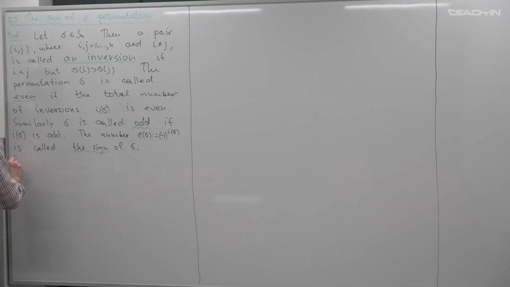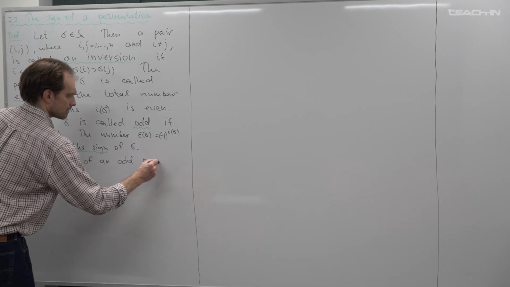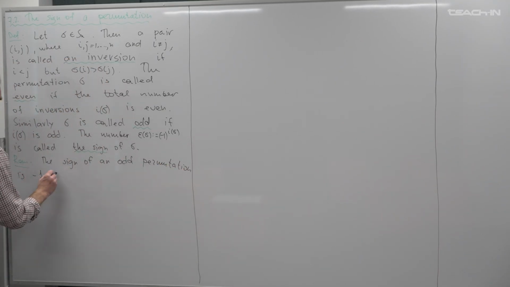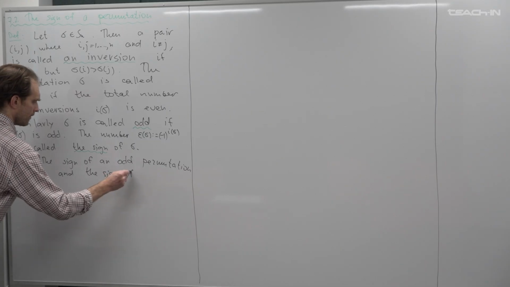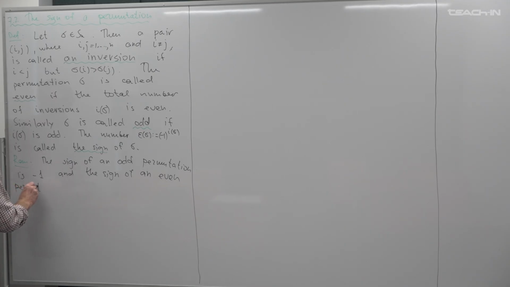Let me just write it. The sign of an odd permutation is minus 1, and the sign of an even permutation is obviously plus 1.